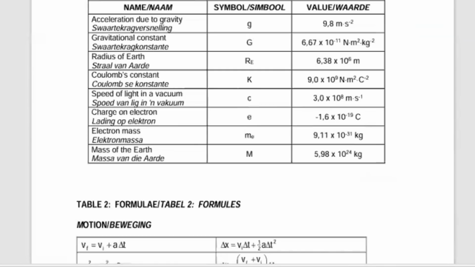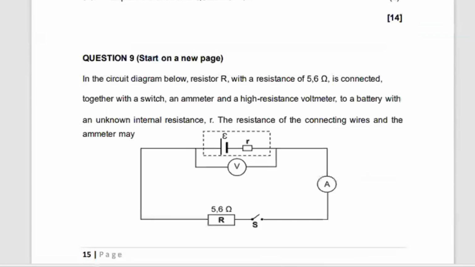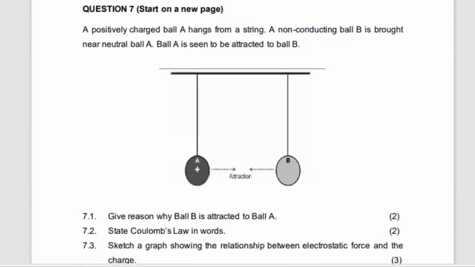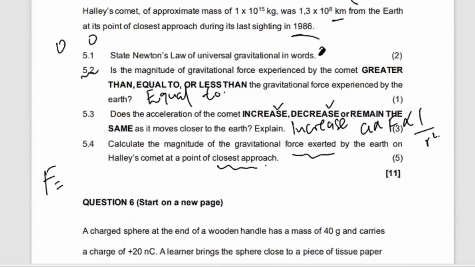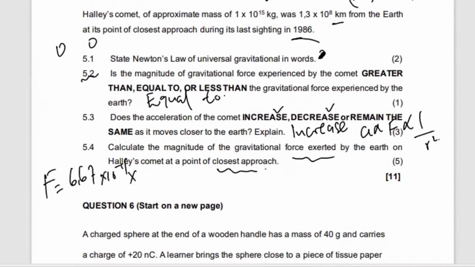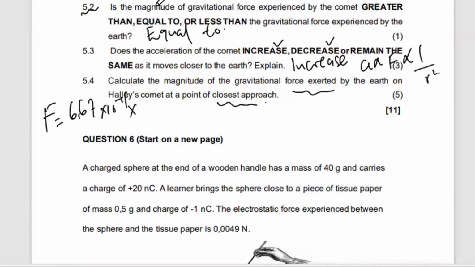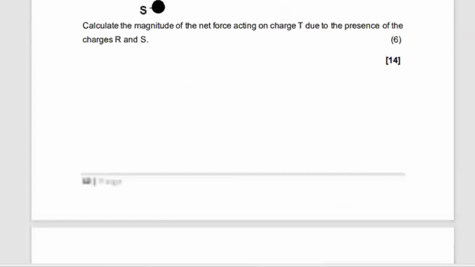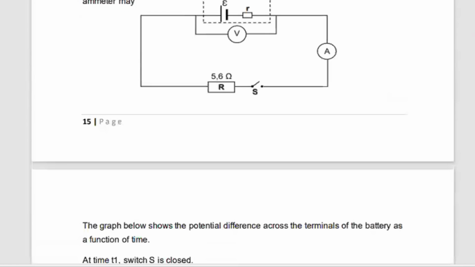That is 6,67 times 10 to the negative 11. They gave us the mass, which is 1 times 10 to the 15. The mass of the Earth, we can get it from the formula page.